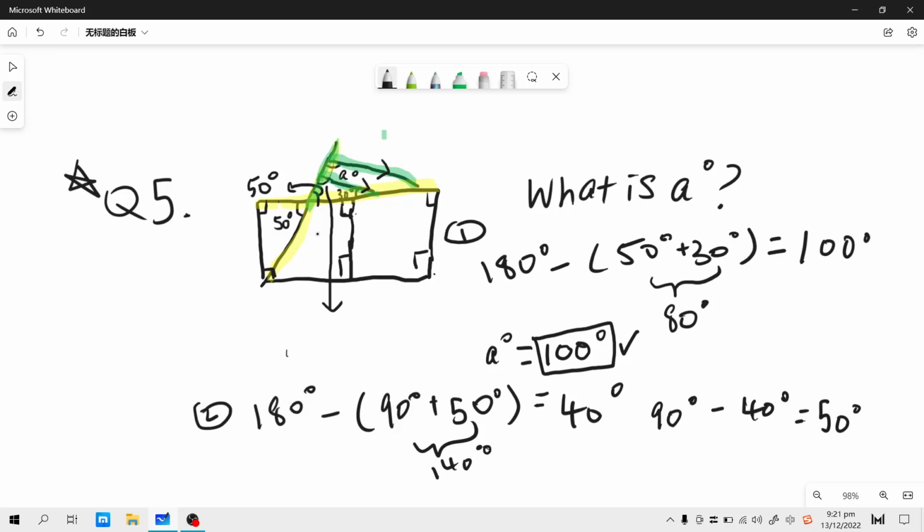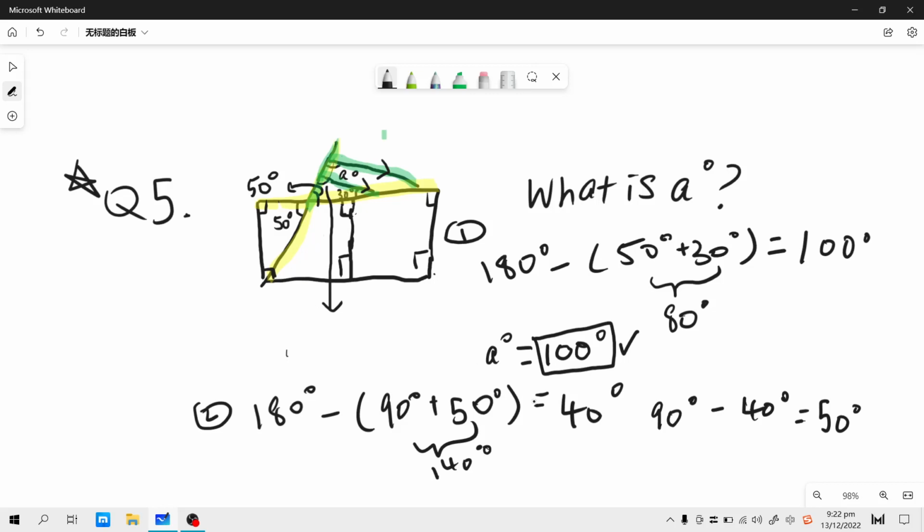If you do not know how this is solved, you can go back to angles 4, at the last part. I'm not going to waste our time teaching that part again. So four angles add up to 360 degrees.